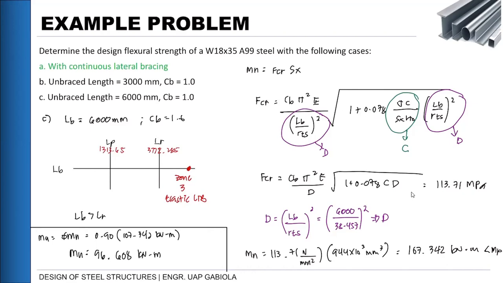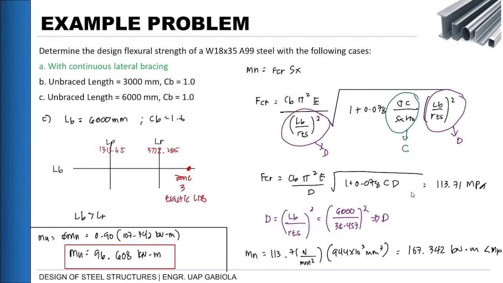So LRFD lang yung chinek natin, pero if you want to check, you can just divide sa safety factor para makuha natin yung allowable moment, okay, for ASD. Okay? So ito yung para sa letter C natin. So ganyan po kinakalculate yung values niyan according dun sa formula or dun sa conditions presented dun sa NSCP natin.